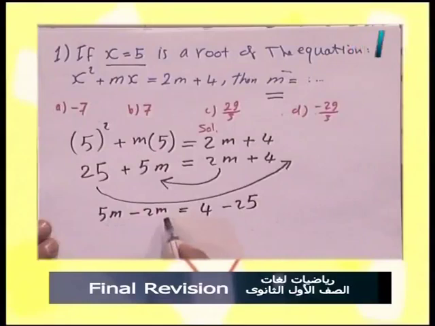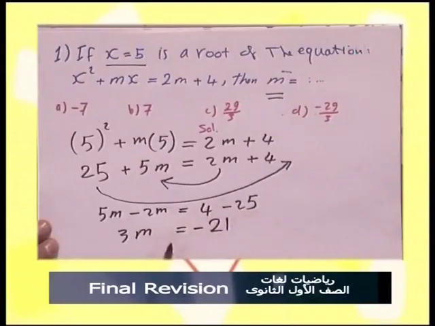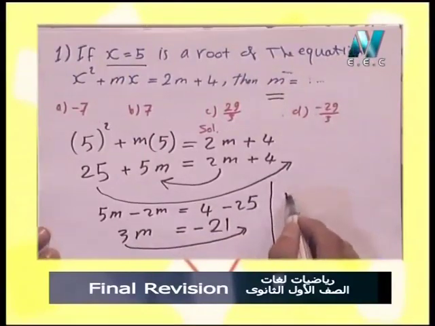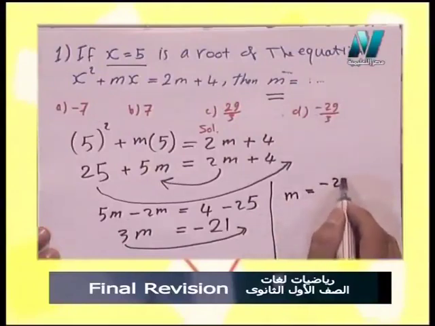5m minus 2m equals 3m equals 4 minus 25, which equals negative 21. Okay, we will divide by 3 here. Then m equals negative 21 over 3.